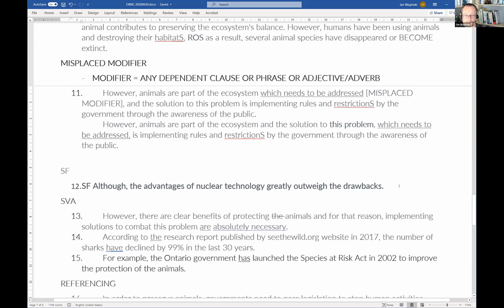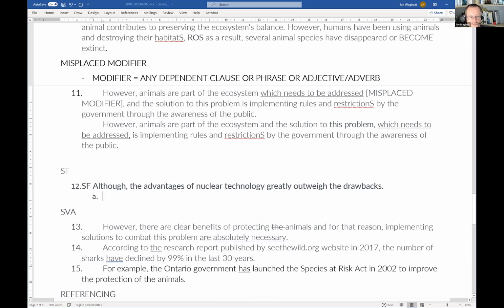Why not? What part of speech is although, and what part of speech did this author confuse although with? There's a confusion about different types of sentences.